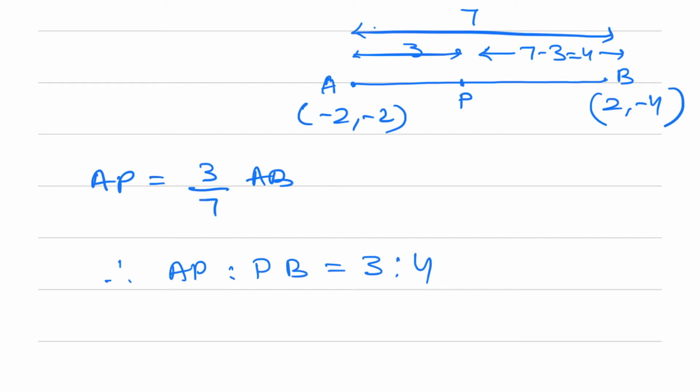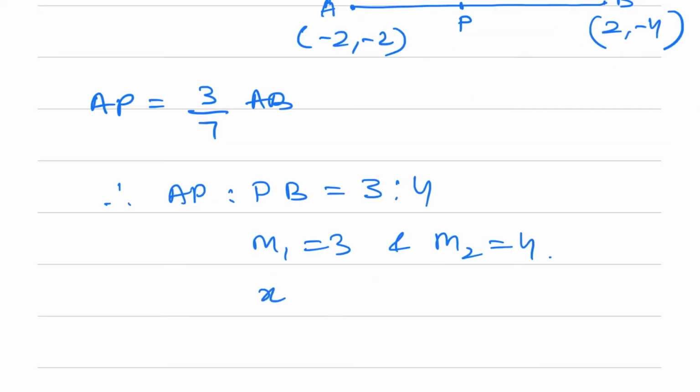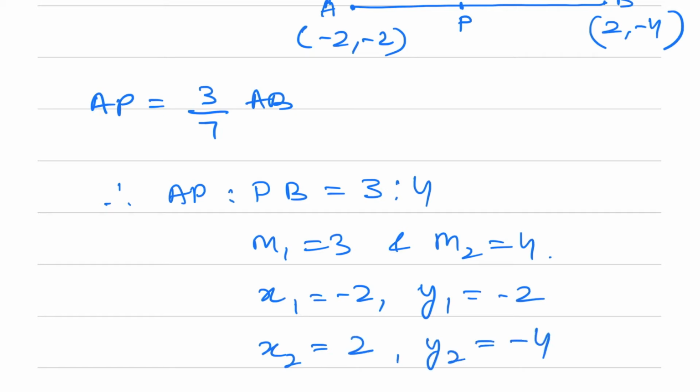So now we can say that M1 is 3 and M2 is equal to 4. X1 is equal to -2, Y1 is equal to -2, X2 is equal to 2 and Y2 is equal to -4.